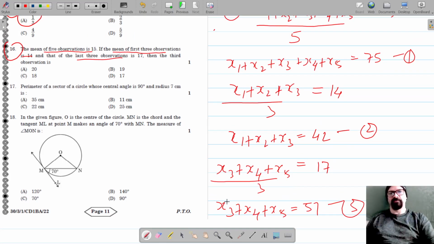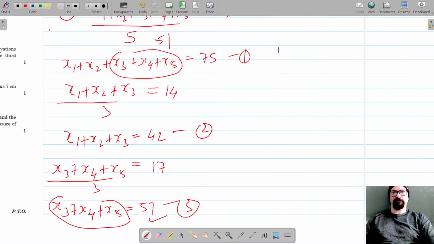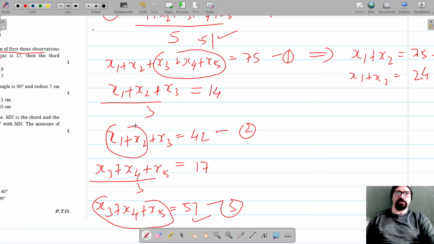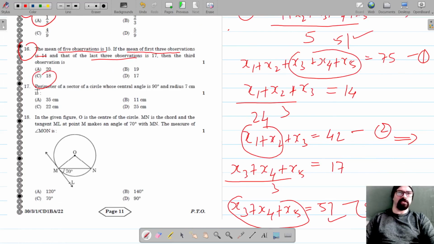If I put this value of the last 3 observations, 51, in the first equation, this gives me x1 plus x2 is equal to 75 minus 51. So the sum of the first 2 observations is 24. If I put the sum of the first 2 observations in the second equation, that should give me the third observation. So x3 is equal to 42 minus 24, which is 18. So 18 is the correct option.